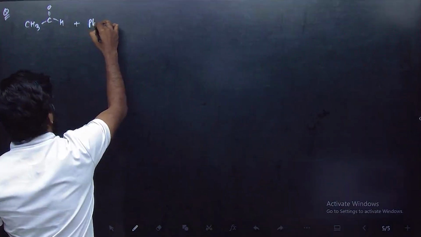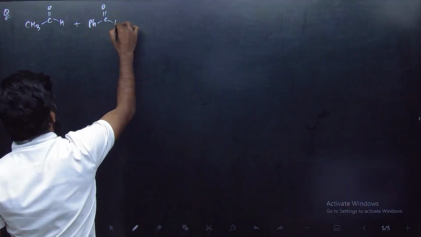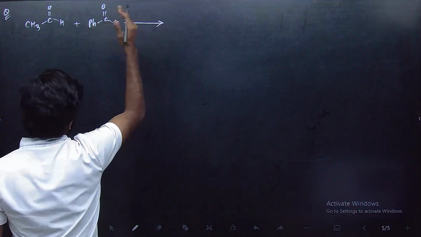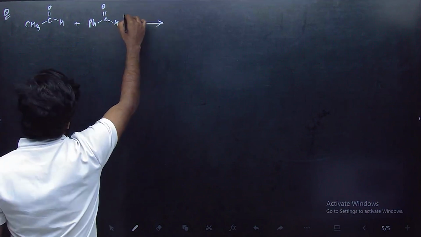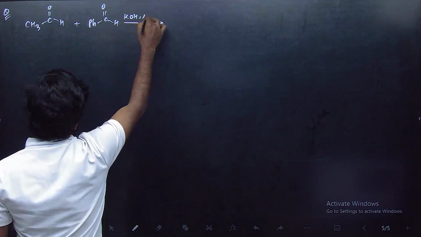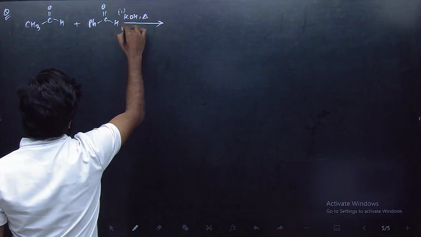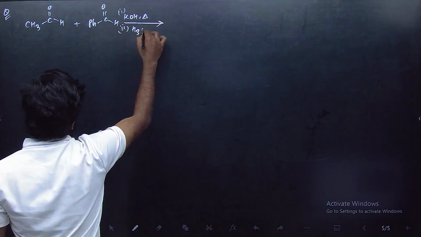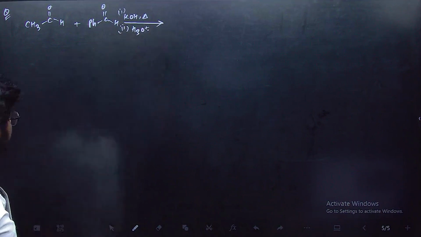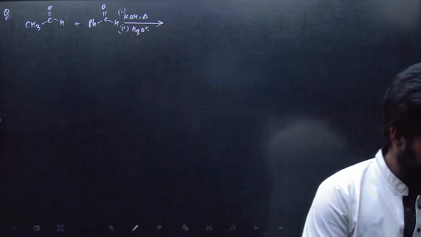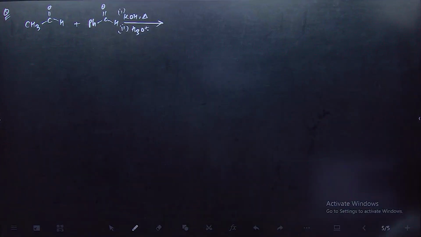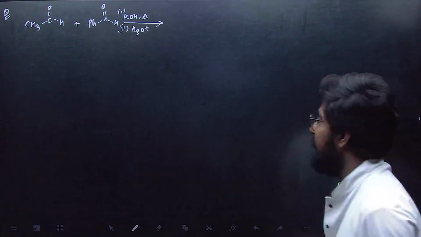Now let's see. This is the maximum difficulty level question that may be asked to you, obviously. Let's see how many of you are able to answer this. So there's a difference.